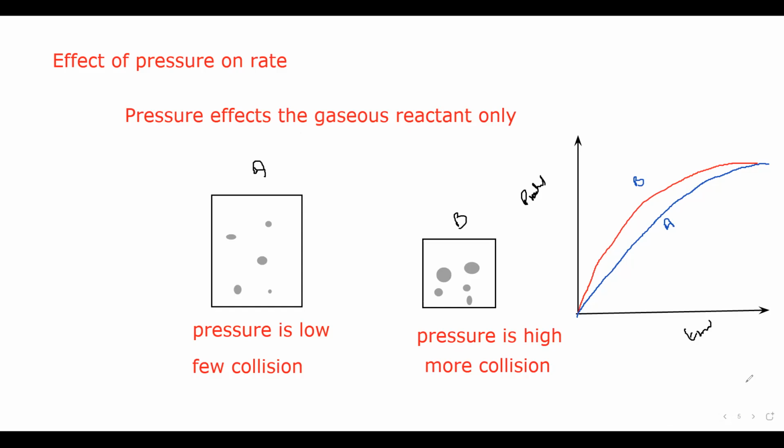Then the last factor which affects the rate is known as a catalyst. A catalyst can also alter the rate of the reaction, or speed of the reaction.